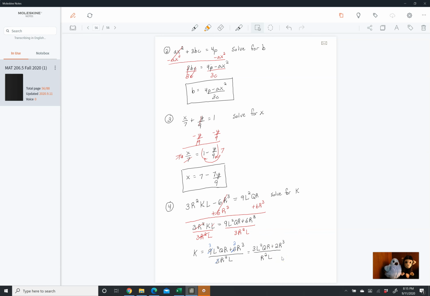And there still is. If you notice, every term has an R in it, okay? This has an R, this has an R cubed, this has an R squared. So we can take out one R. We can't take out more than one R because this first term in the numerator only has one of them. So we can take out one R. So we're going to do that from every one of these.